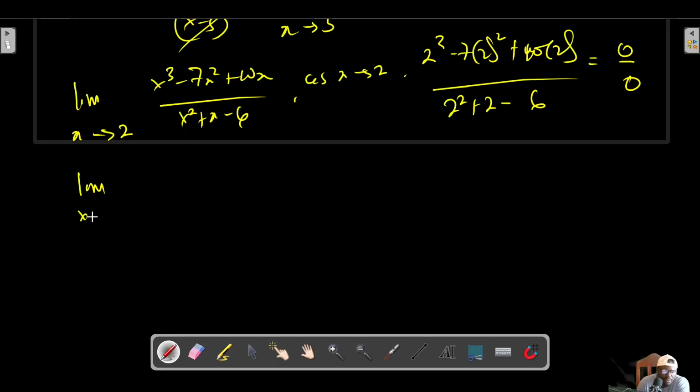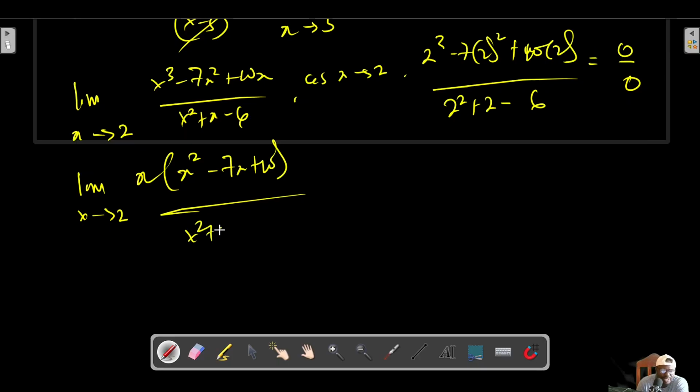For the numerator, we can first factorize out x, because x is a common factor in all the three terms. So x times x squared minus 7x plus 10, all over x squared plus x minus 6.